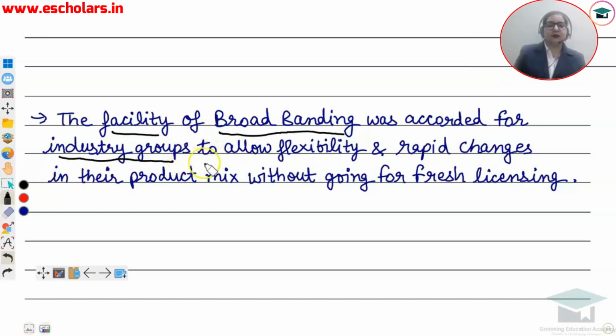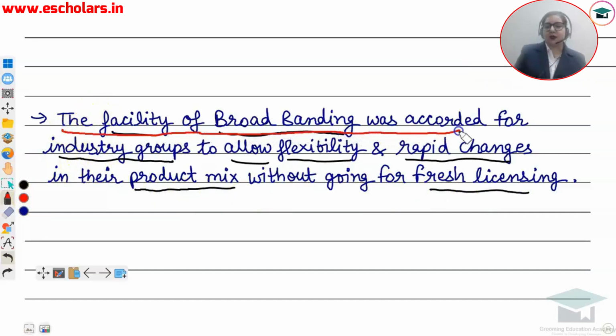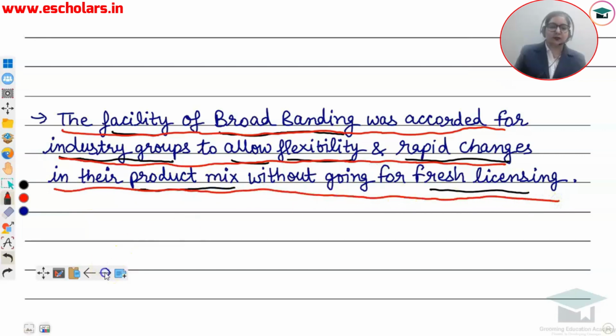It means that industry groups are allowed to keep the flexibility and they can do the rapid changes in their product mix without taking a fresh license from the government. Okay, so let's have a look. The facility of broad banding was accorded for industry groups to allow flexibility and rapid changes in their product mix without going for fresh licensing.